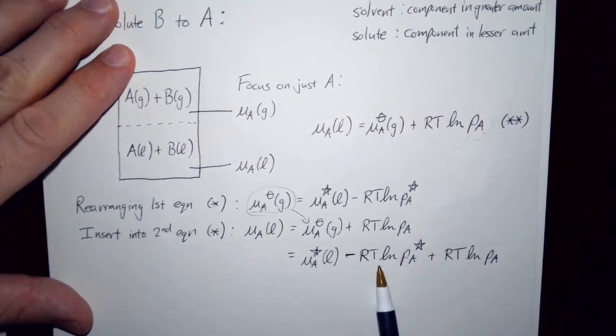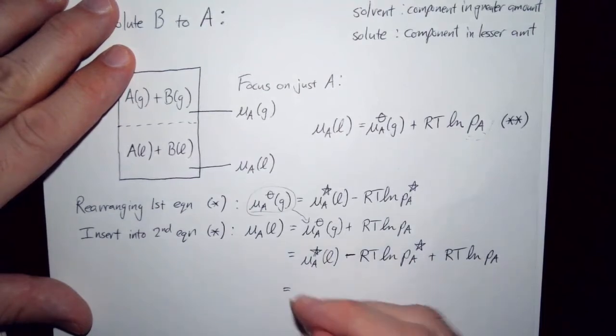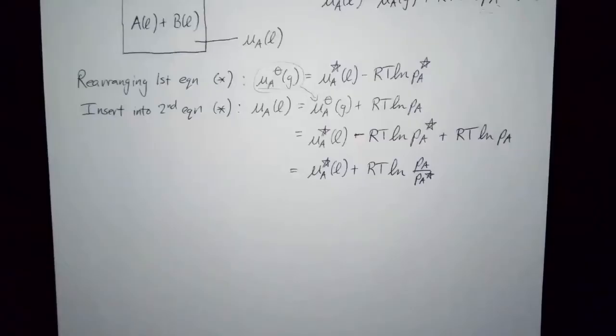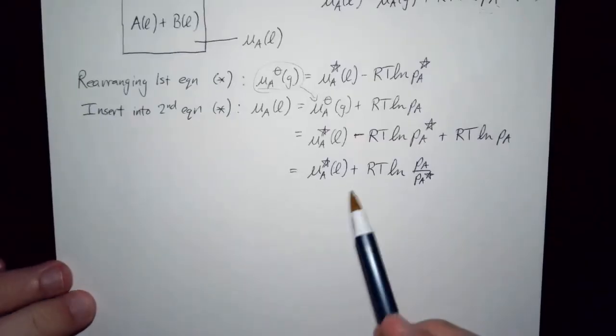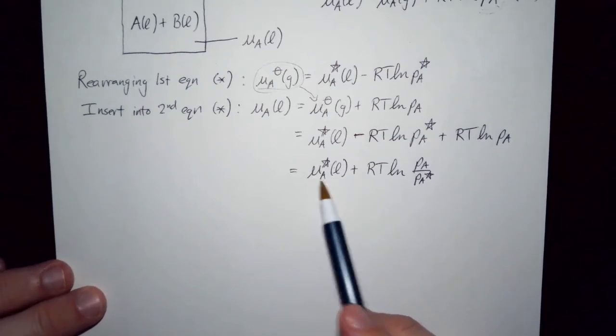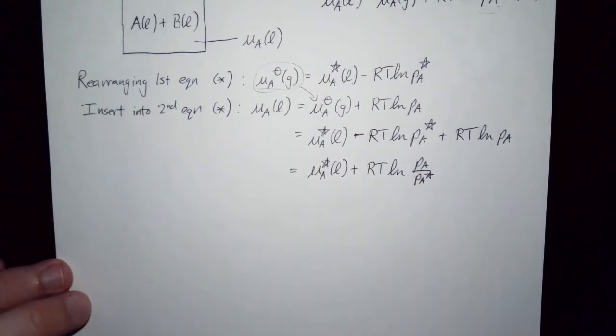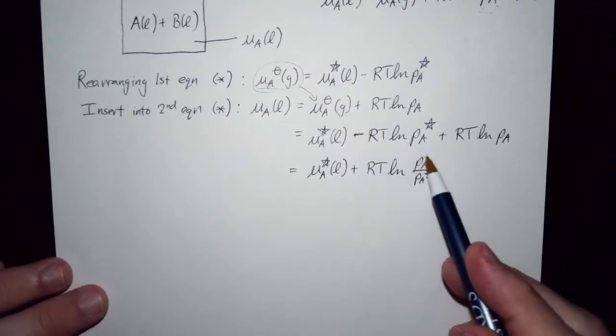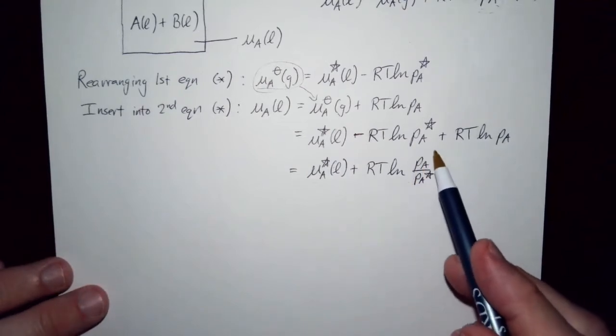So this is going to end up being RT ln PA divided by PA star. Okay, so here we have the formula for the chemical potential of a liquid A that's in a mixture with another substance B. Now let's focus on this PA over PA star term.